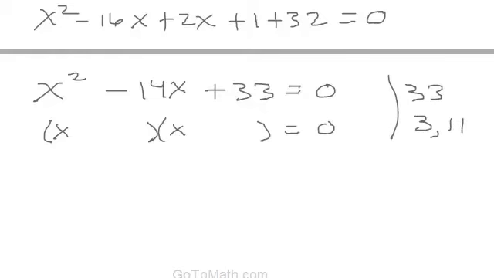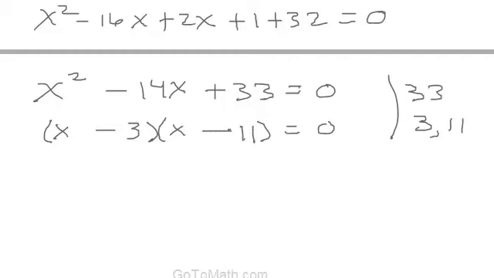Okay, so we have a positive, we have a minus sign here, so my guess is that both of these are going to be minus. Let's put a 3 here and 11 here. So negative 3 times negative 11 is going to be positive 33, and then of course when we add these together we get negative 14, so that looks good.